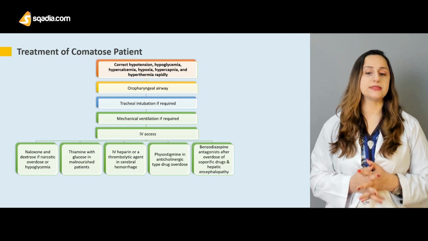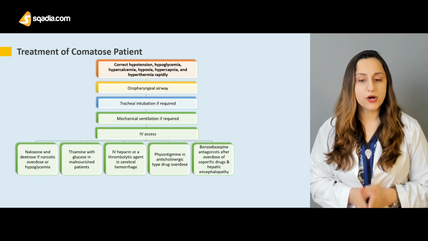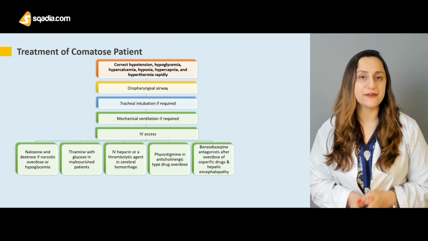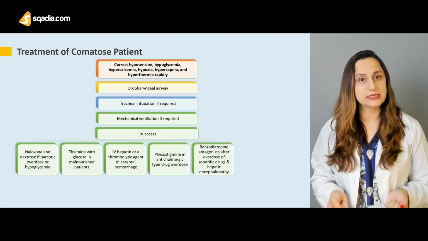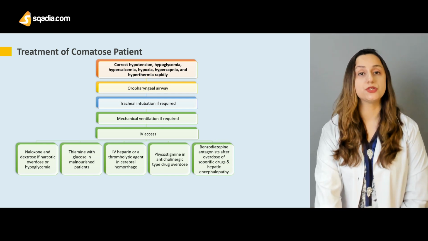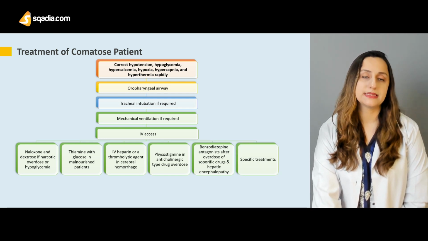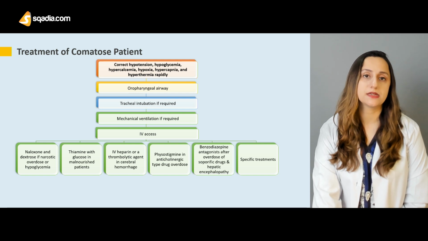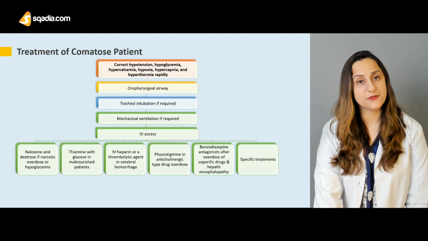We would resort to benzodiazepine antagonists after the overdose of soporific drugs and in hepatic encephalopathy. So these metabolic disturbances can result in a particular state, and this would be the treatment of choice. Specific treatments are devised for specific drug overdoses, or even specific states.